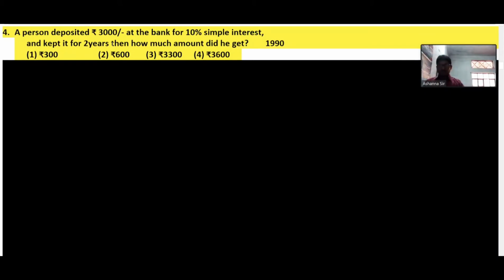Before finding the amount, we have to find the interest. Amount is equal to interest plus principal, or principal plus interest. Using this formula, I is equal to PTR by 100.